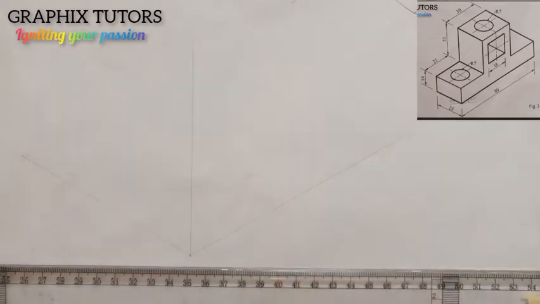Now this is the first thing you do when you are given a question in isometric projection.